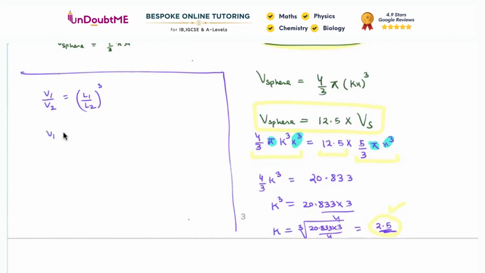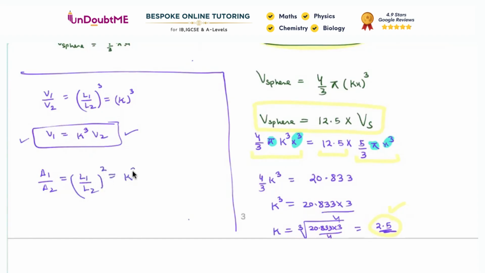So we can say, let's say the scale factor is K. So volume 1 is K cube times volume 2. This is also one of the ways. In some schools, they teach like this. In some, they can take L1 over L2. So if scale factor is taught to you, you can go with that. And similarly, the same thing for area. If I have area 1 over area 2 for two similar shapes, then that will be equal to L1 over L2 whole square or K square.